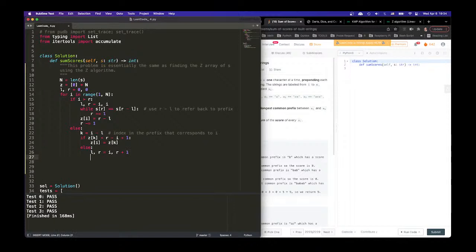And then we do the same thing while SR is equal to SR minus L, then we say R plus equal 1, and then Zi is equal to R minus L, R minus equal 1. Right, so we do this. Once we're done, then return sum Z plus N.